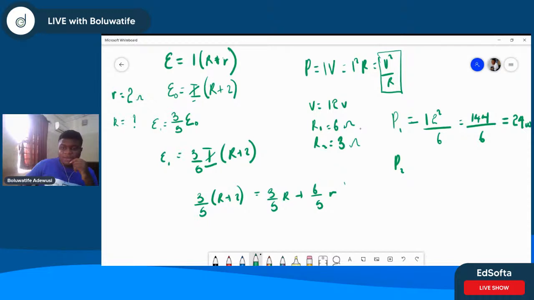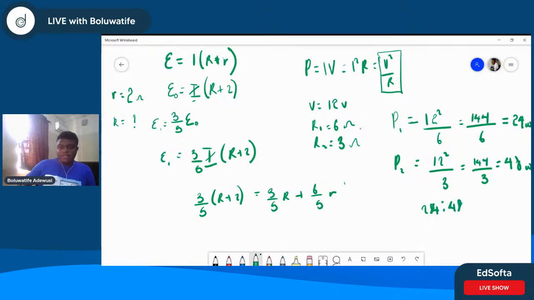Then power in the second resistor would be 12 squared all over 3, which is 144 over 3. 3 into 14 is 4 remainder 2, then 24, 8. That's 48 watts. Now the ratio between the two of them, 24 to 48, is simply 1 to 2. So 1 to 2 is our answer.